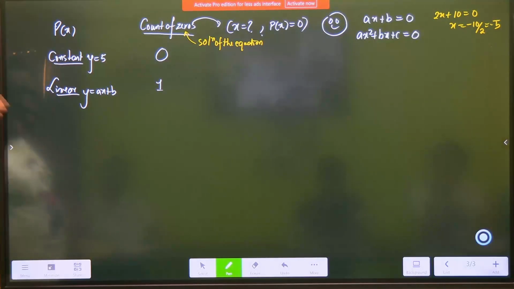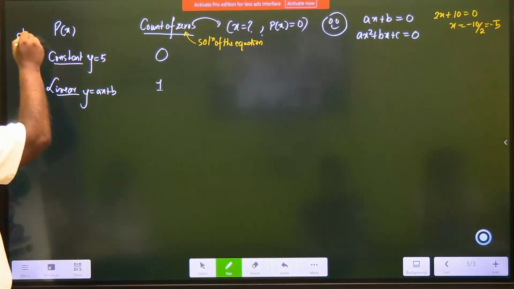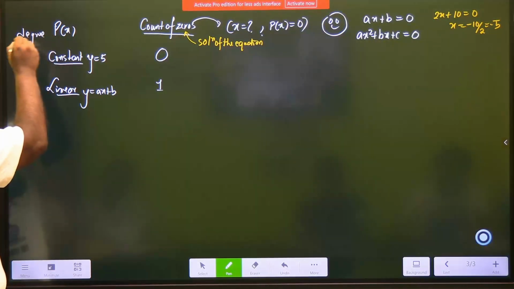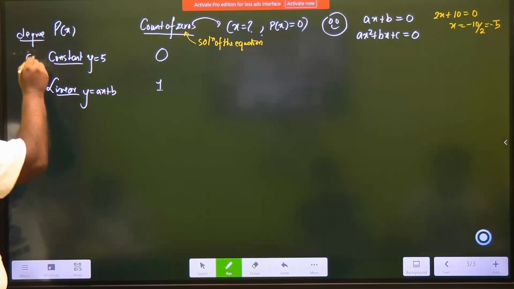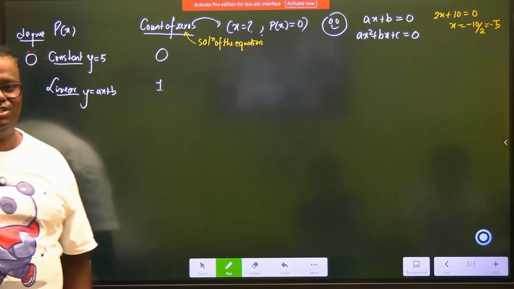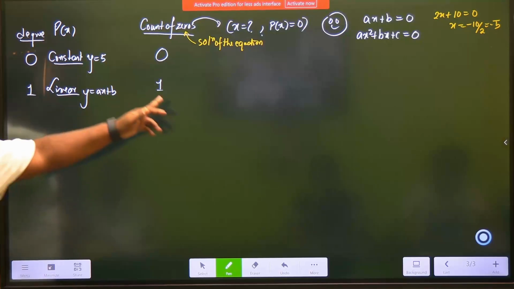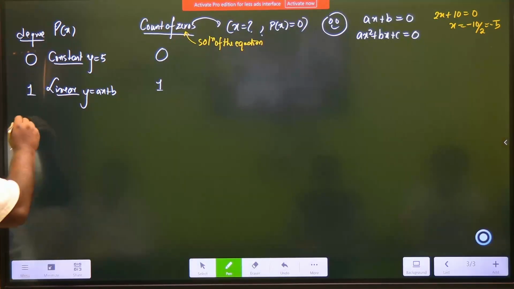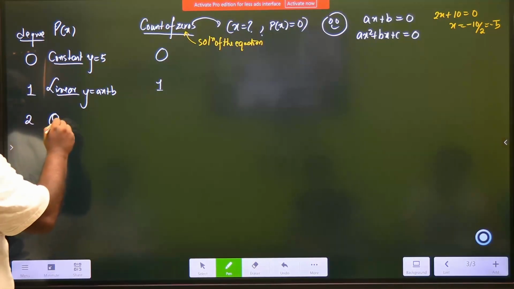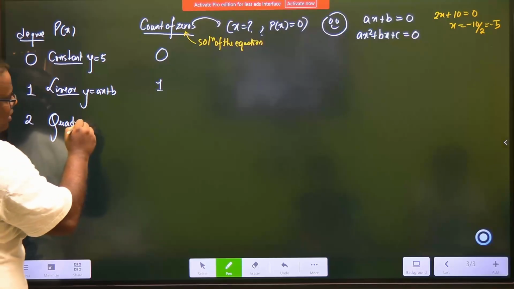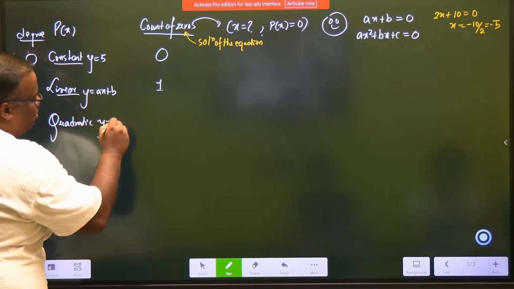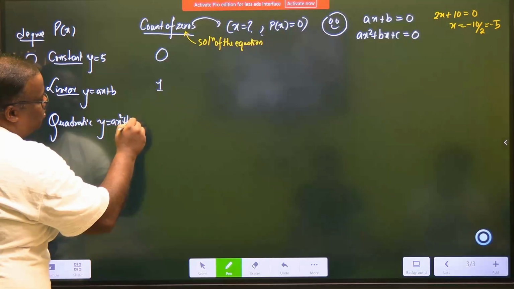Let us now do this a little bit more interesting. Let's put degree out here and see the relation. If the degree is 0, the count of zeros is 0. If the degree is 1, the count of zeros is 1. If the degree is 2, then I get what is known as quadratic, which would be y equal to ax square plus bx plus c.